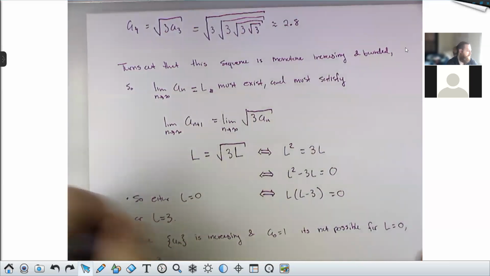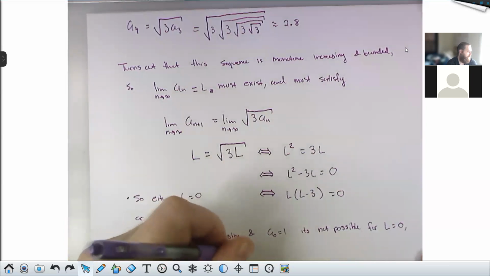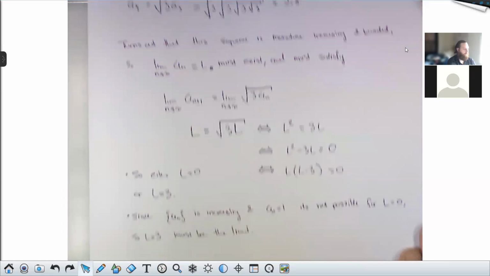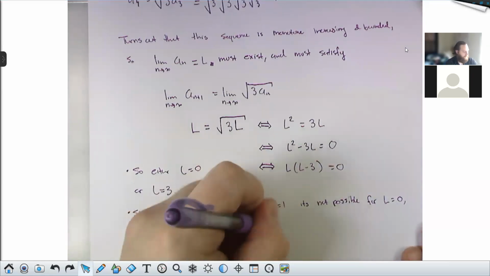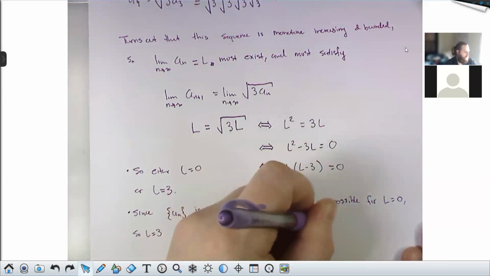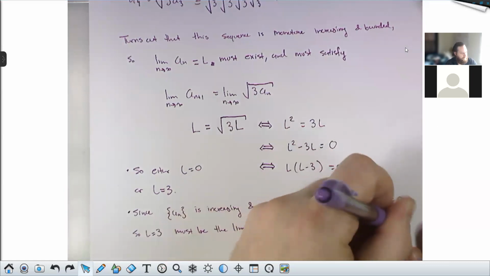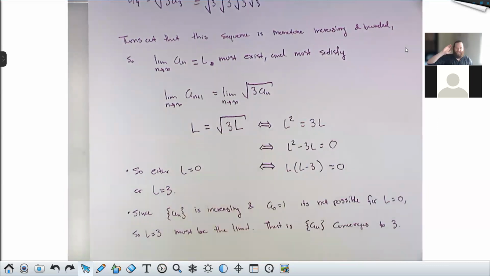So L equals 3 must be correct. In other words, this sequence converges to 3. And that's true. If you take an infinite nest of square roots, that's really what we're saying. The square root of 3 times the square root of 3 times the square root of 3 times the square root of 3 times, infinitely nesting those square roots down. That's 3.